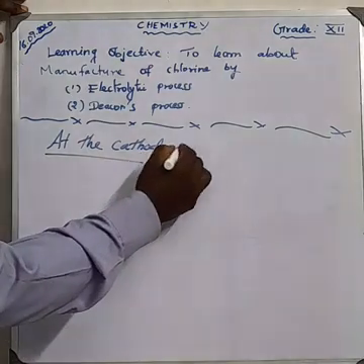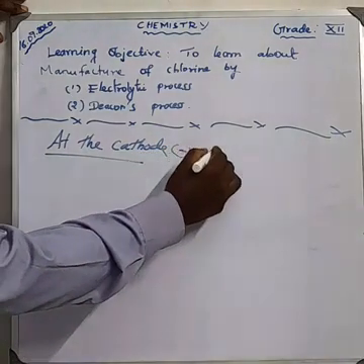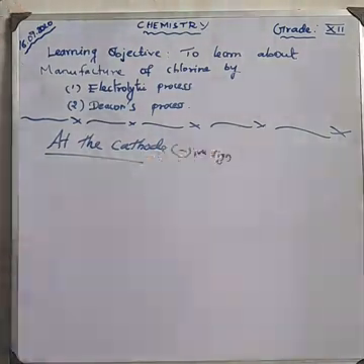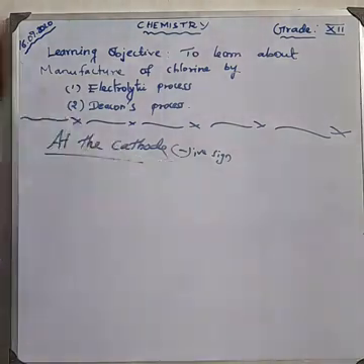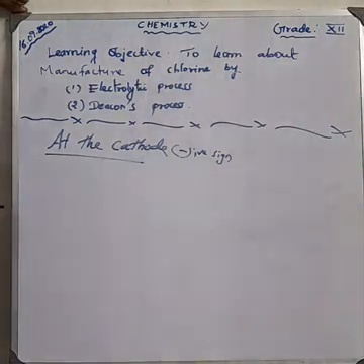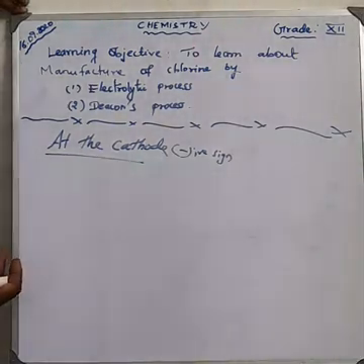Cathode means negative charge. Just for remembering: cation means positive, cathode means negative. So the cathode is the negative electrode, the negative rod.